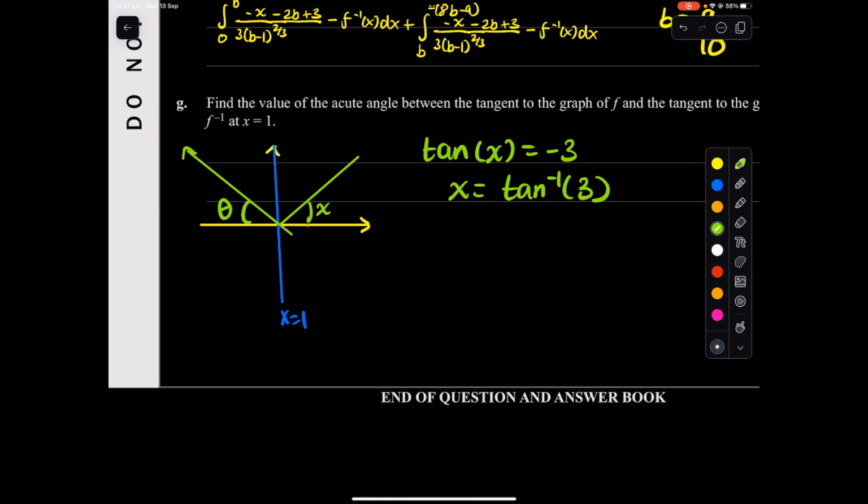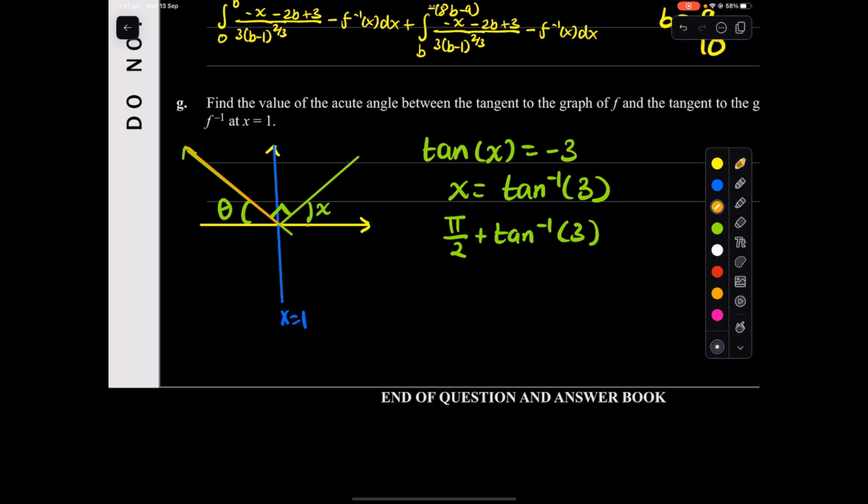So the way that I would do this is, because I know this over here is 90 degrees, if I say pi over 2 plus tan inverse of 3, now we're actually over here.